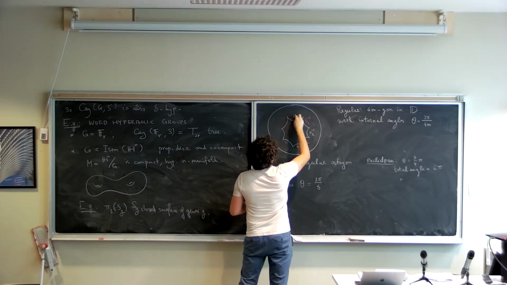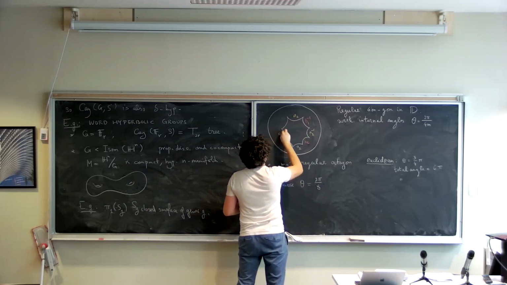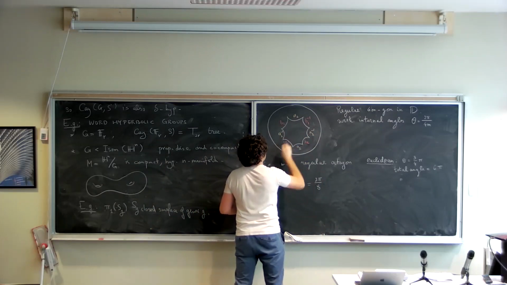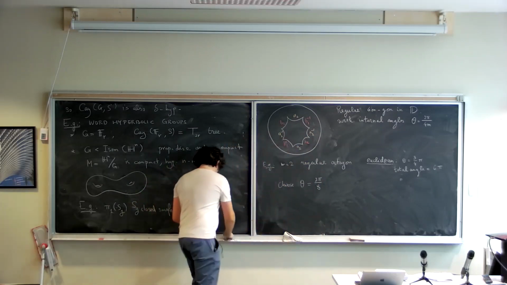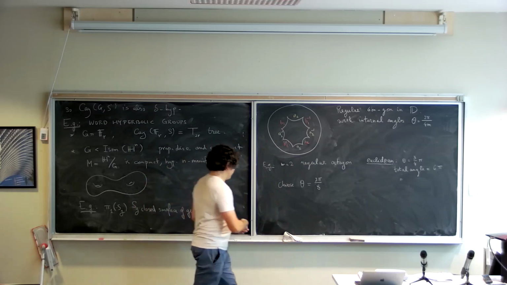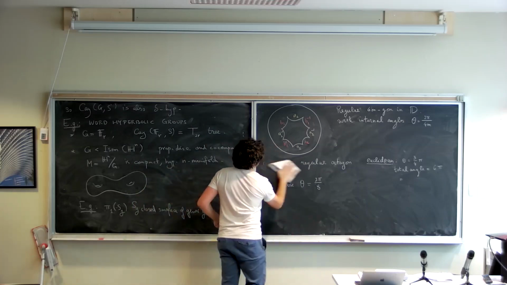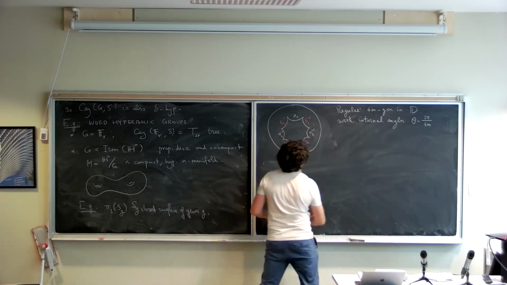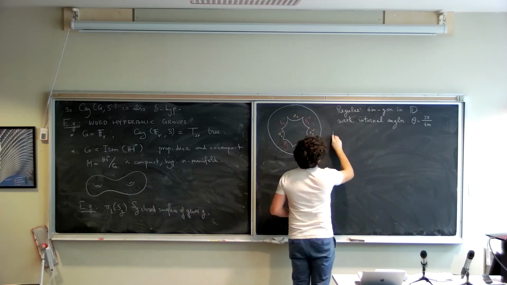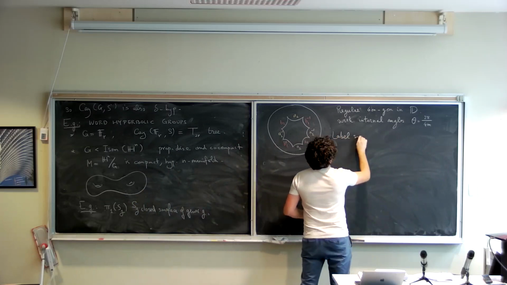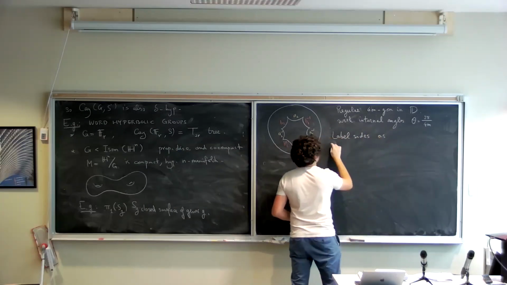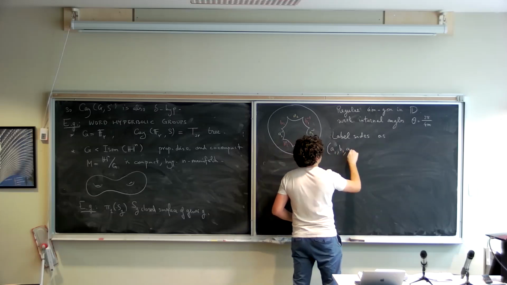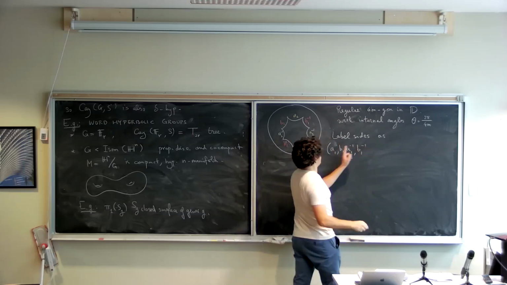So the next one is A2, this is A2 inverse, this is B2, this is B2 inverse. And so we label the sides as A1, B1, A1 inverse, B1 inverse, and then we repeat this n times.